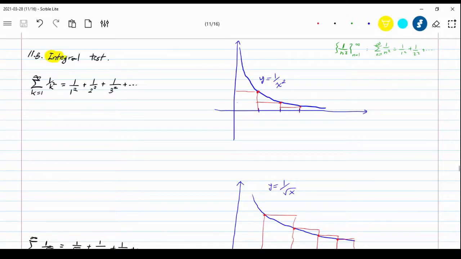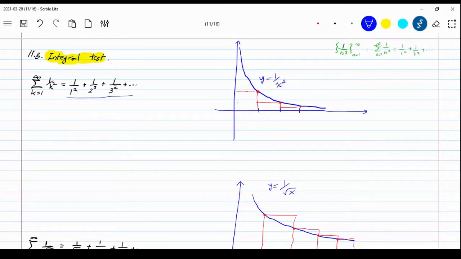It gives us an idea if a series is convergent or divergent. So here let's look at the same example, the sum of 1 over k squared, k from 1 to infinity, which is the sum of these numbers, 1 over 1 squared, 1 over 2 squared.